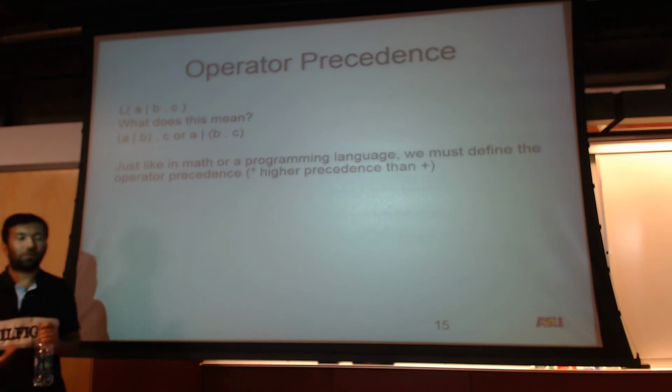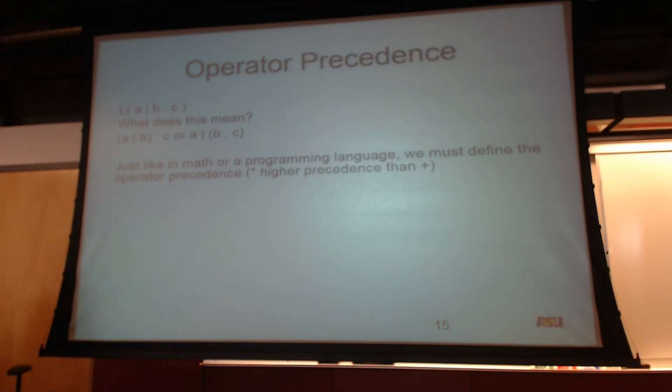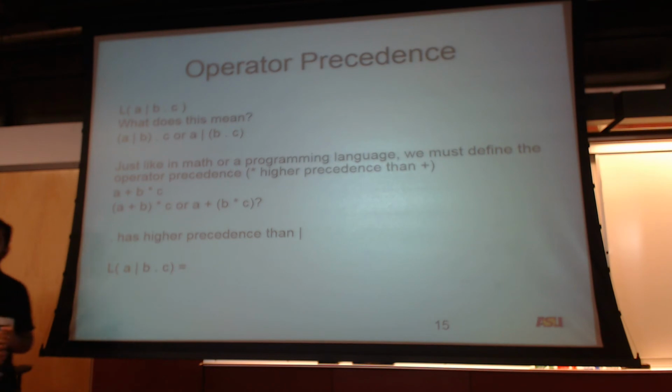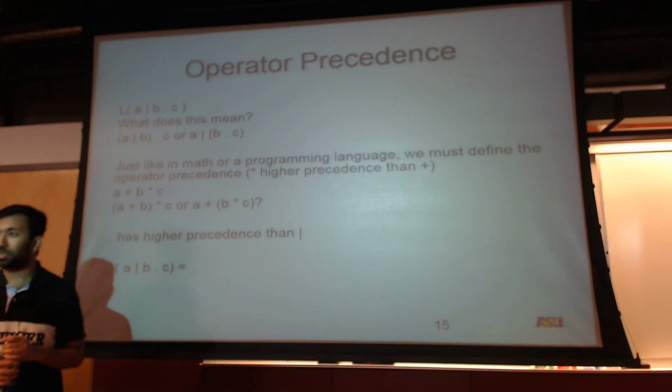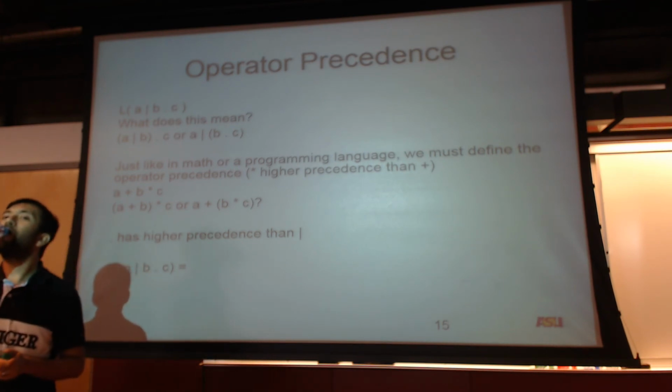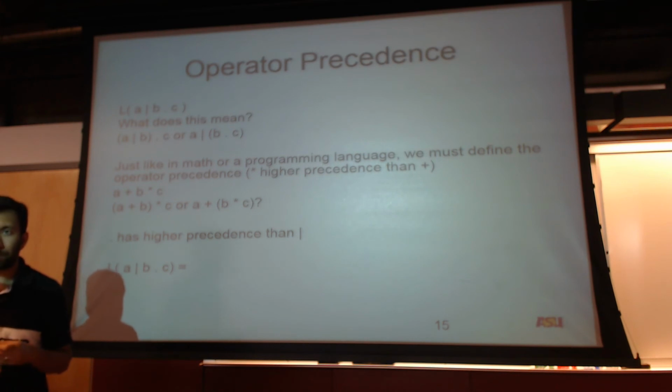So there can be different ways of defining precedence, but here we'll consider that star is higher than plus. So that means dot has a higher precedence than or bar. So how will we parse this then? Dot has higher precedence. L A union L B dot C. Yes.